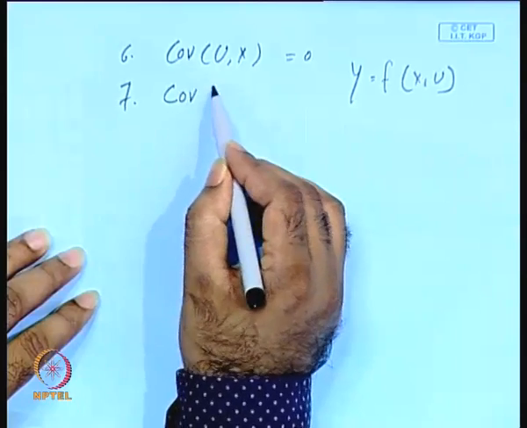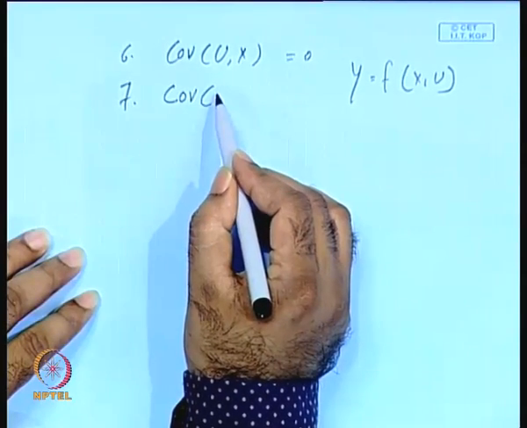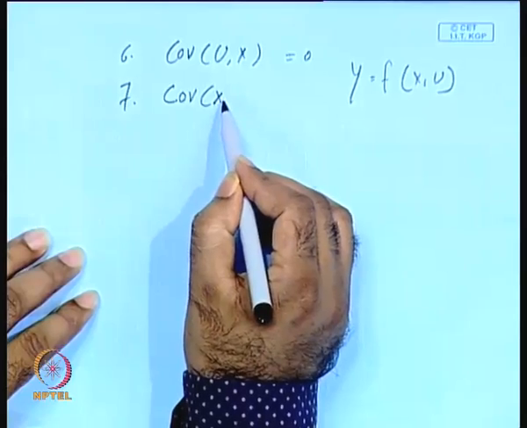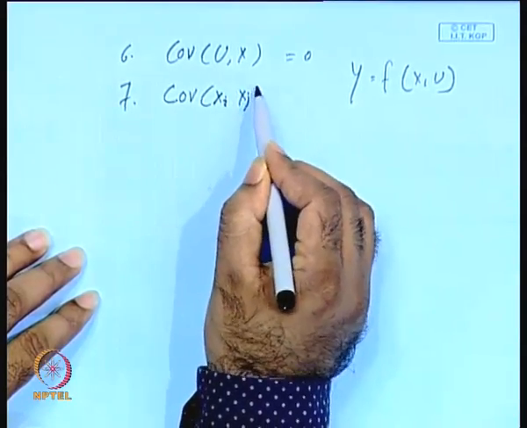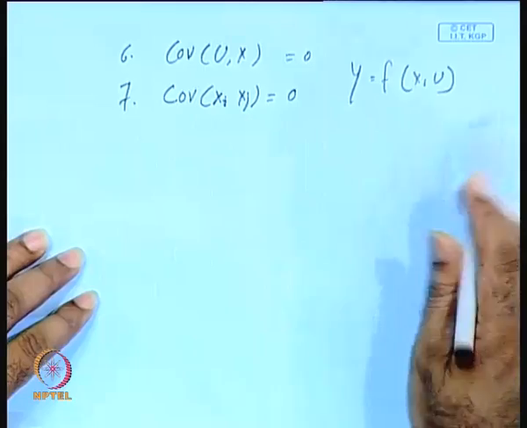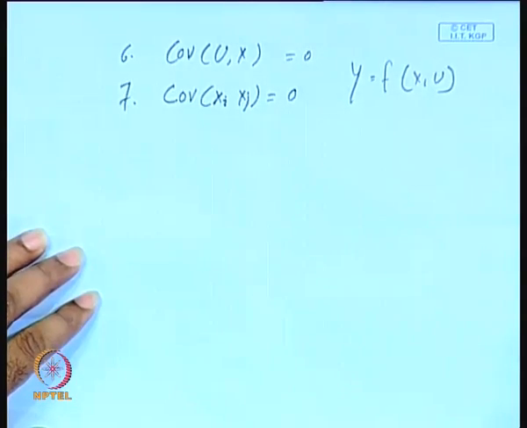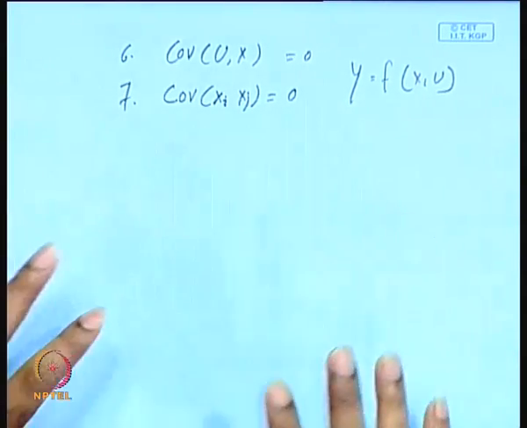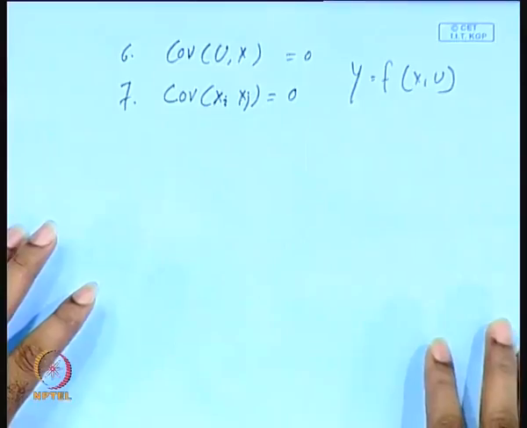So, covariance of xi and xj is equal to 0. In fact, this xi xj is not an actual problem in a bivariate model. When we go for a multivariate model, one of the standard constraints is that there are multiple independent variables like x1, x2, x3, and all of these should be independent.